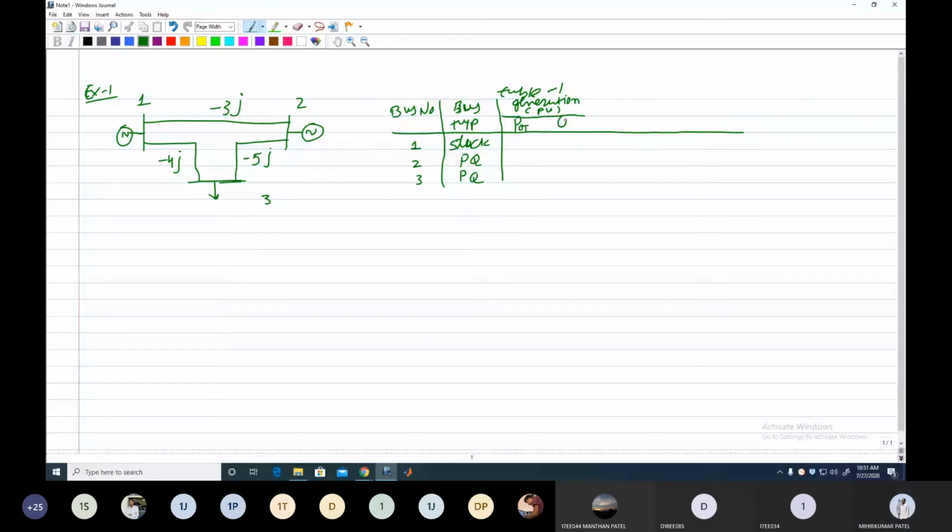In the same way, the load in per unit, PD and QD. And the last one is bus voltage.